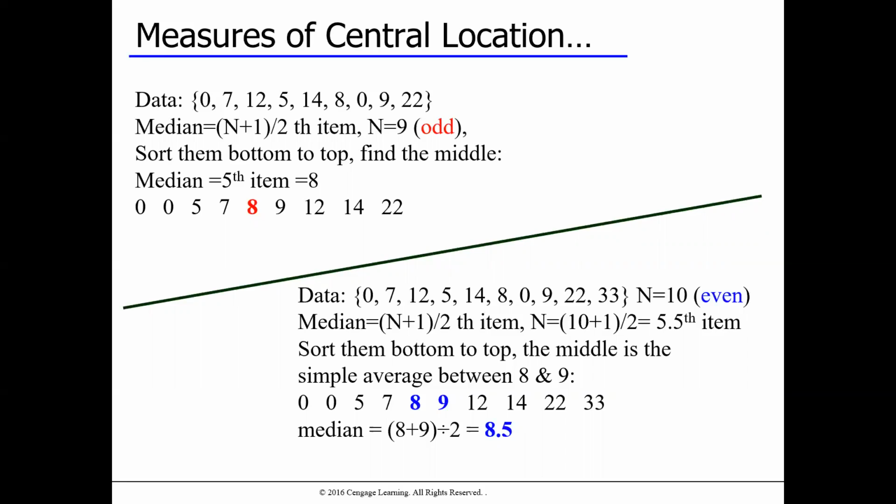Now if I arrange the data from smaller to larger, you can see the 5th item is 8. So my median value is 8. That means 4 values are less than 8 and 4 values are above 8. So median is actually dividing the data into two equal parts, 50% below and 50% above.